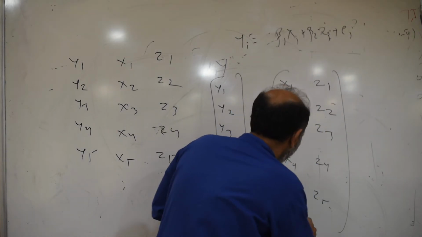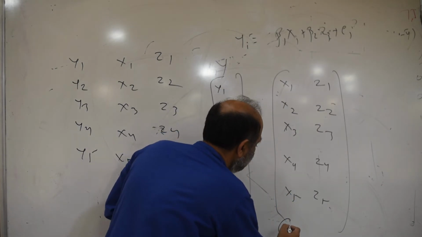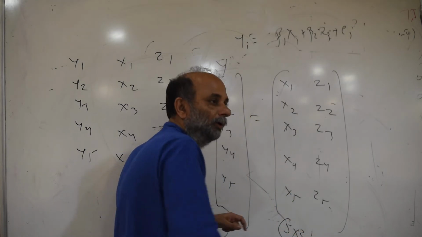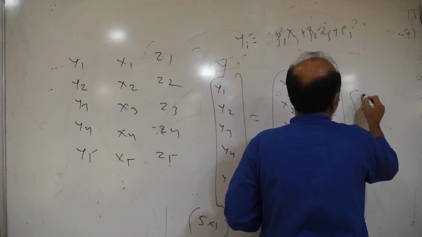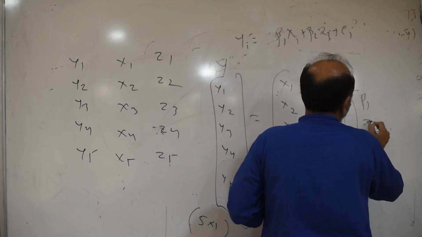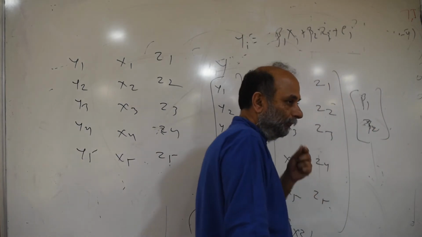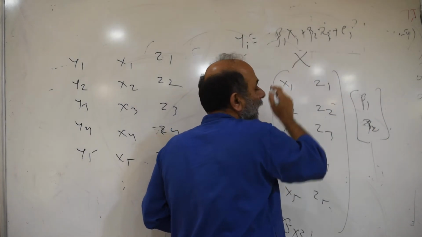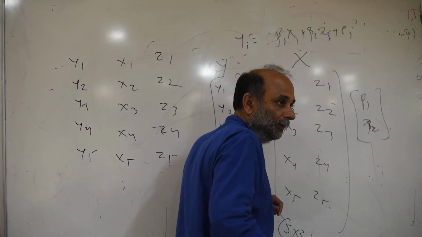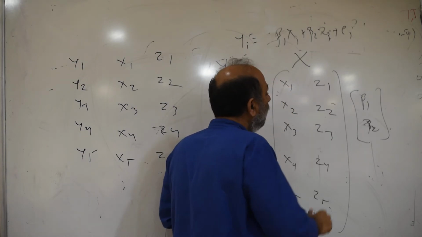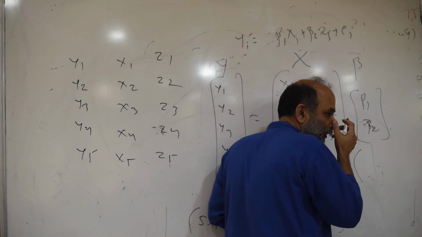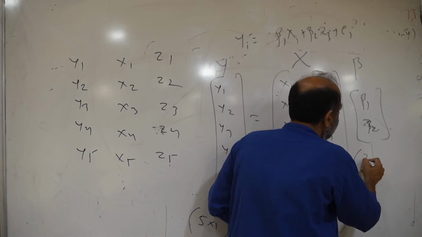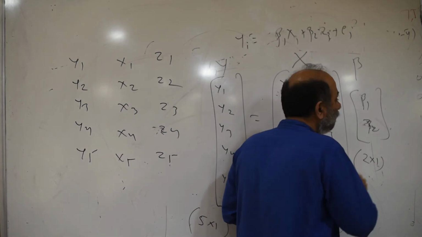What's the dimension here? 5 rows into 2 columns. I multiply this by beta 1, beta 2. I will call this whole thing capital X, and this whole thing beta. How many rows and columns does beta have? 2 rows and 1 column.